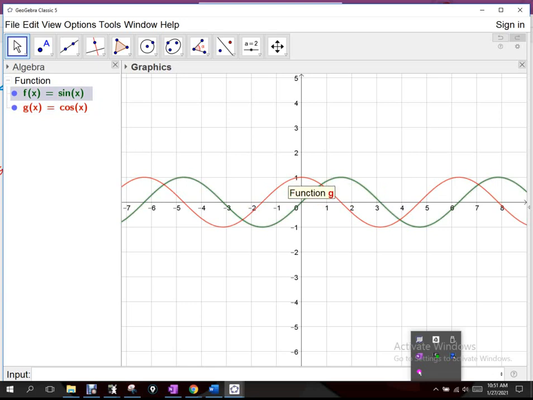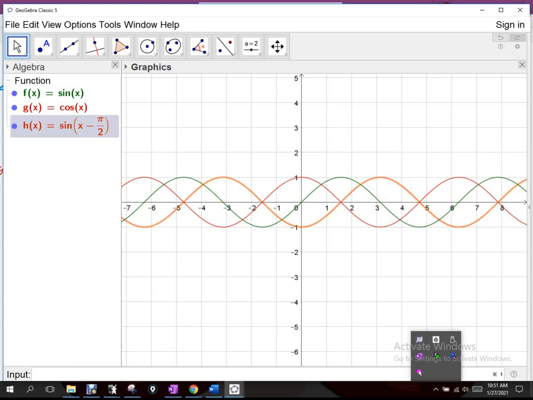Does that make sense? So I'm going to take the sine and move it to the right. Moving to the right will be subtraction, right? Now, when I go 90, it doesn't move it the way I want it to, so I'm going to go pi over 2. I got it backwards, sorry. It's pi over 2 minus x. There we go.